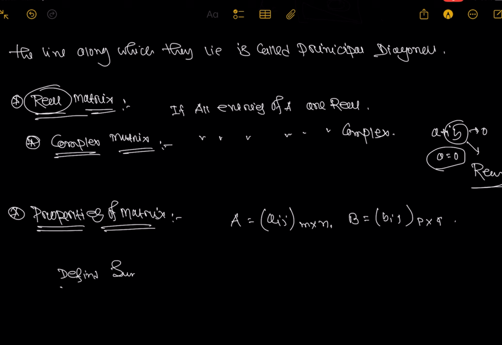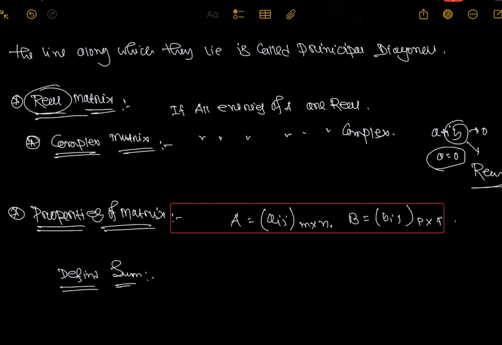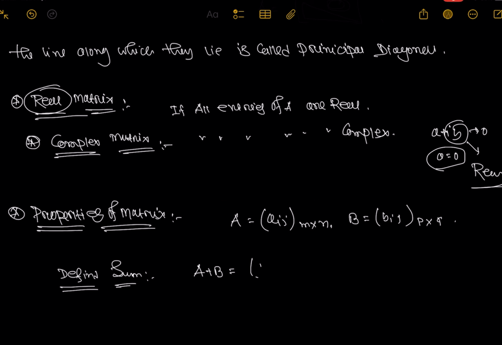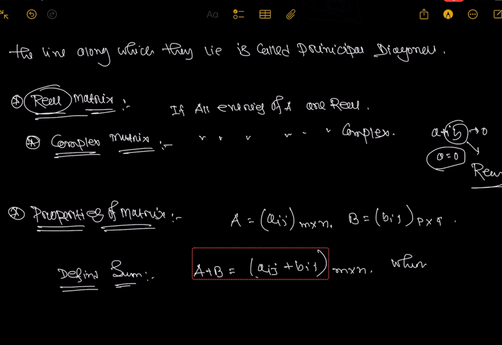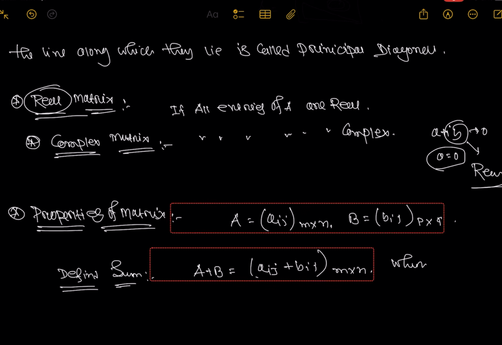Then define the sum A plus B equals A of ij plus B of ij with m cross n, provided that to define the matrix sum we should have m equals p, n equals q.